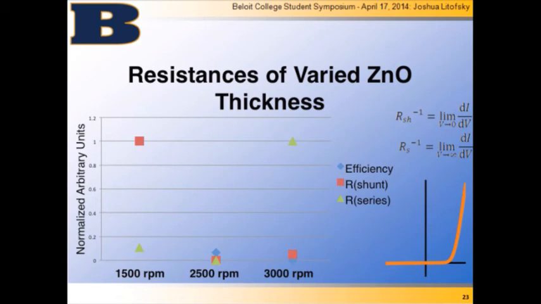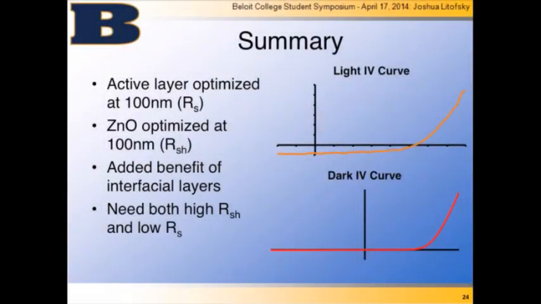As a summary, we find that the active layer is optimized at 100 nanometers. This lowers the series resistance. We want to generate as much charge as we can. However, the thicker we have it, the more resistance you have, the more the electrons and holes combine, and you can't extract the charge. We find that zinc oxide is optimized the most at 100 nanometers.